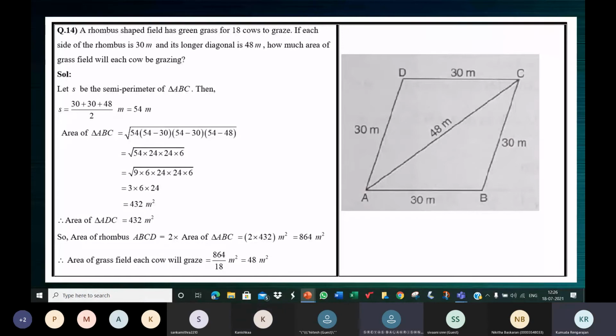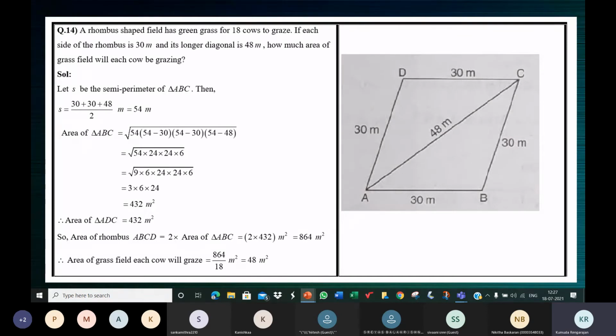Yes, because that's again the property of a rhombus. In a rhombus, the diagonals bisect, they cut each other equally at right angles. So we have 4 right triangles, and by the property again, the midpoint of AC is O, AO is 24, CO is 24.